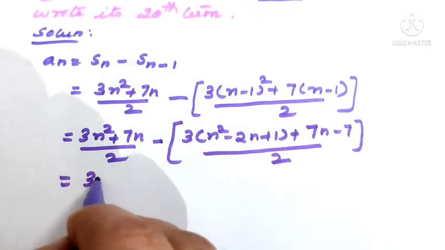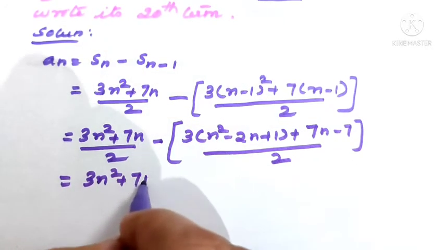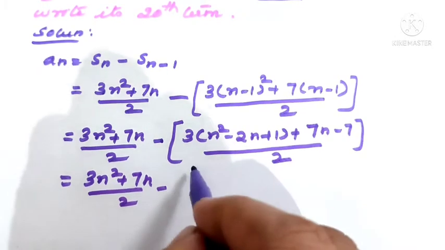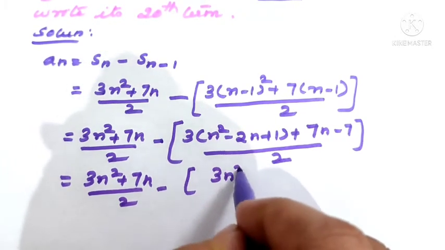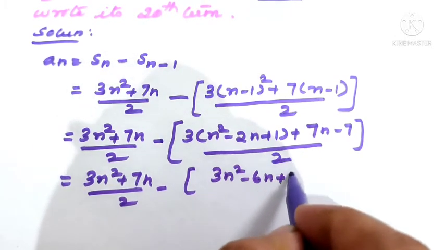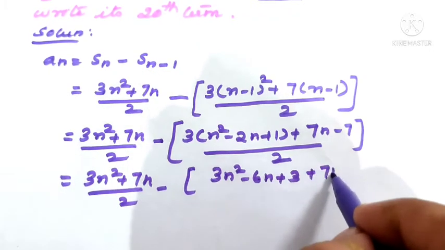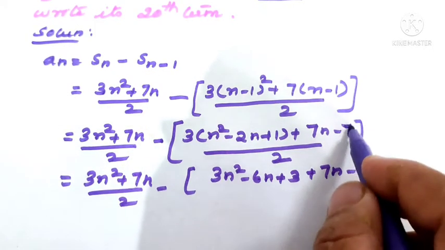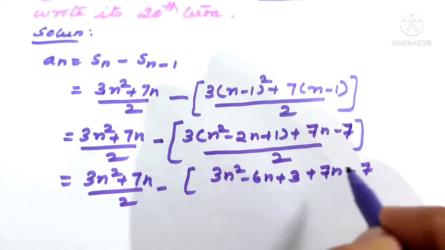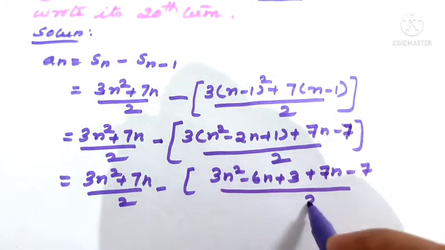So 3n square plus 7n by 2 minus 3n square minus 6n plus 3 plus 7n minus 7, whole divided by 2.